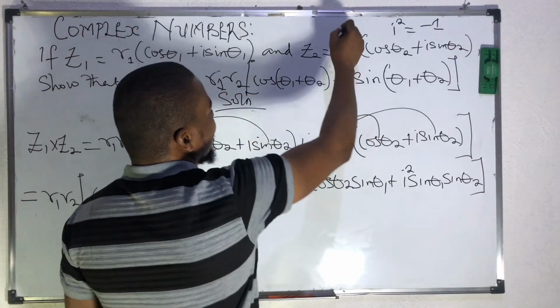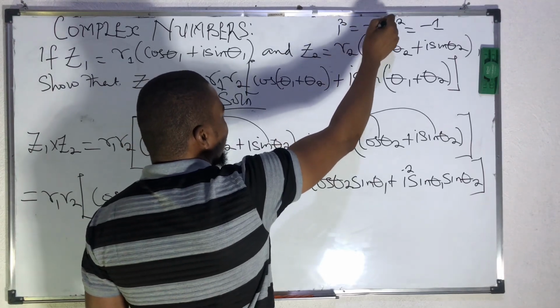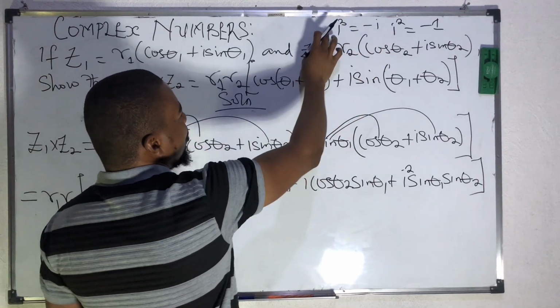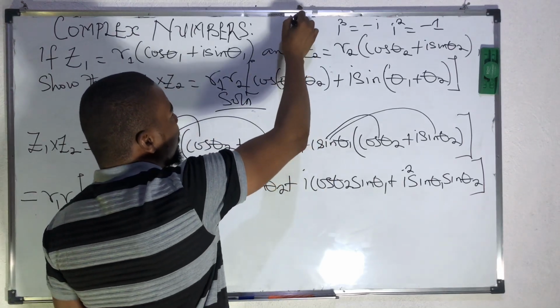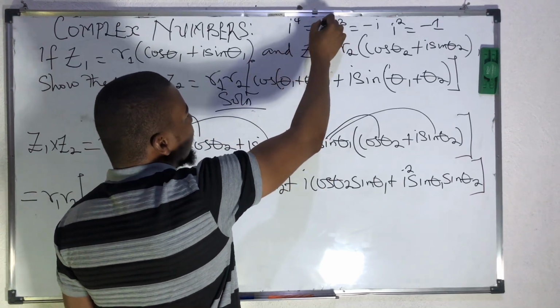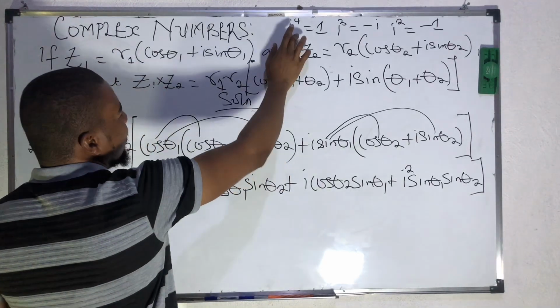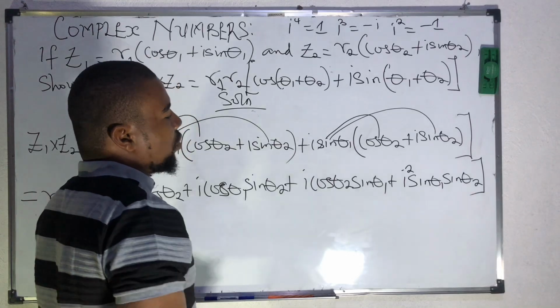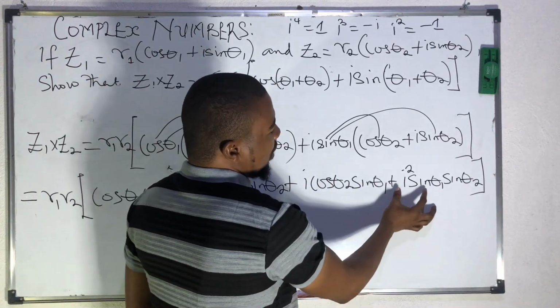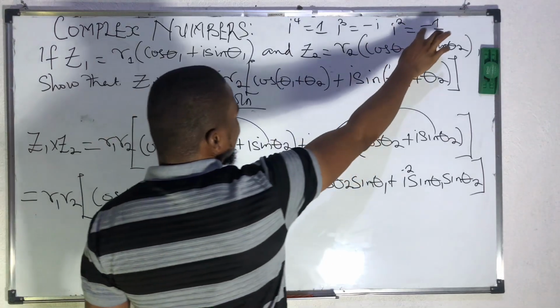If you have i cubed, this is equal to -i, and i raised to the power of 4 is equal to 1. So this is actually an identity in complex numbers, which you should know. Therefore, since you have an i squared in this expression, we now replace the i squared with -1.